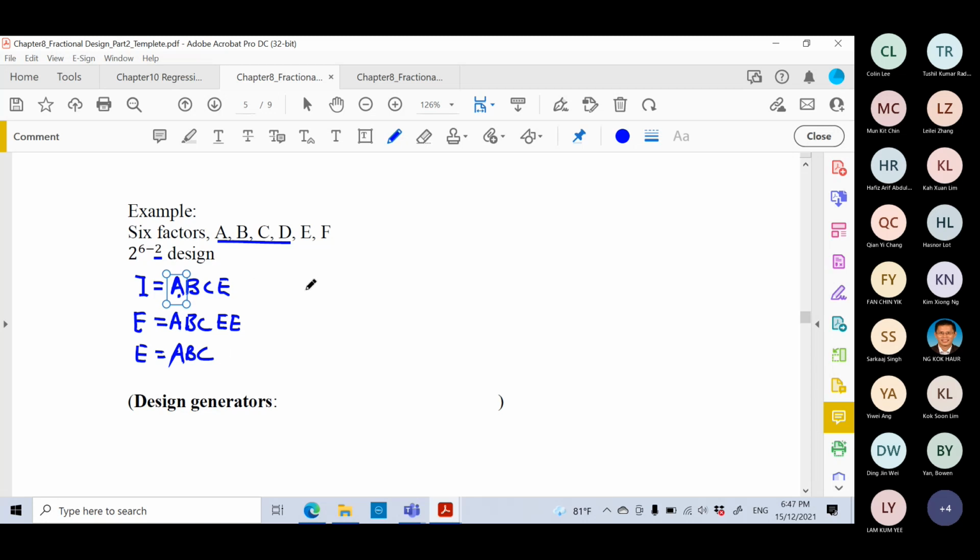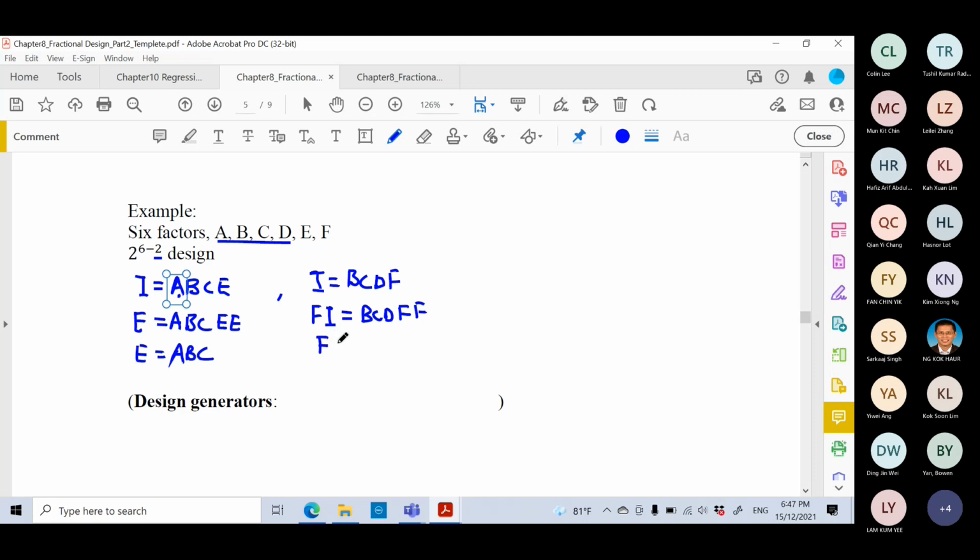Then for another one, because you want to get the F here, you can choose for example BCDF. So from here you get F times I equals BCDF times F. You multiply by F on the left-hand side and F here.